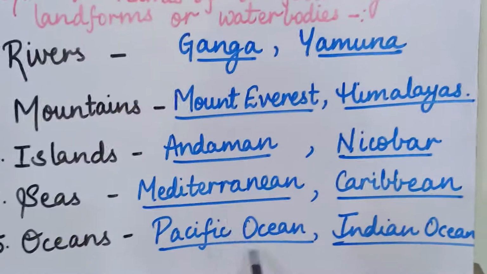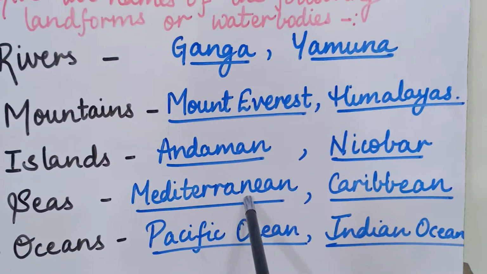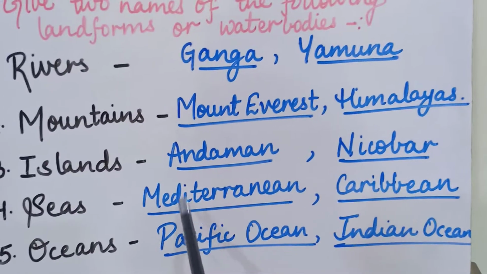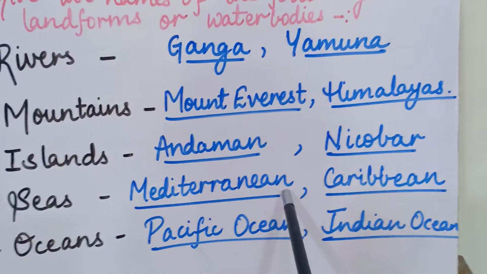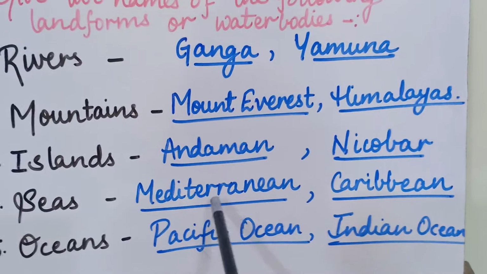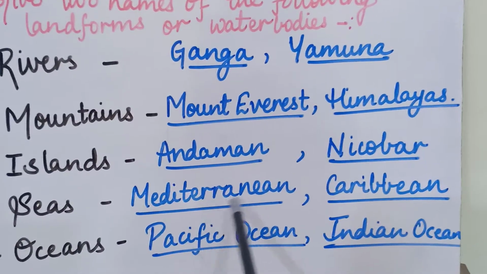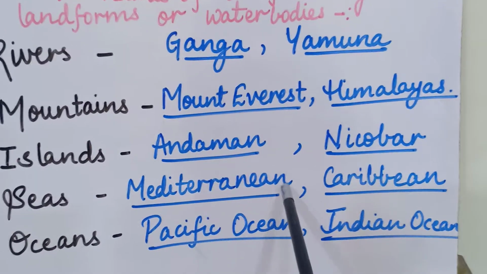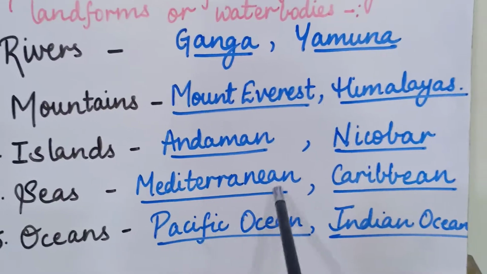Okay, the first one is Mediterranean Sea. MEDI, Medi, TERRAN, terran, EAN, Mediterranean.